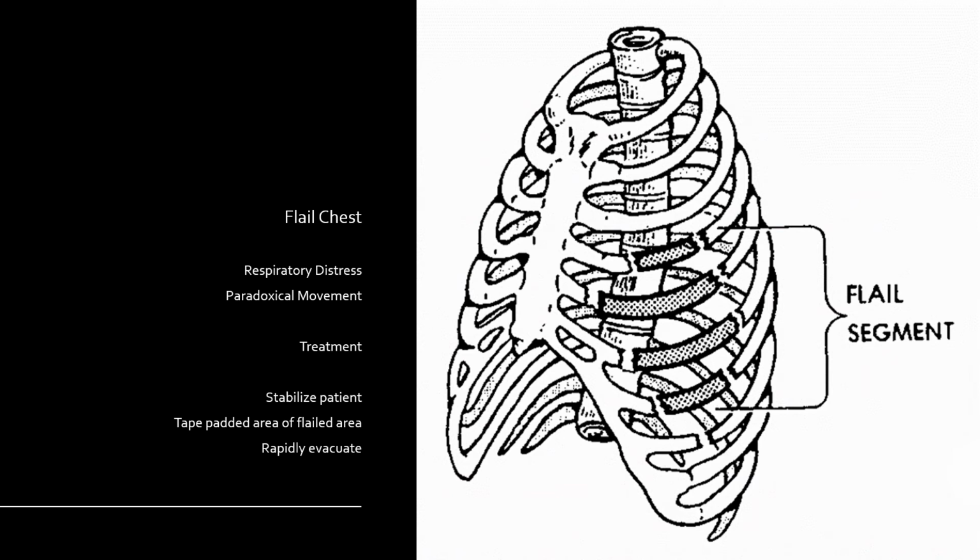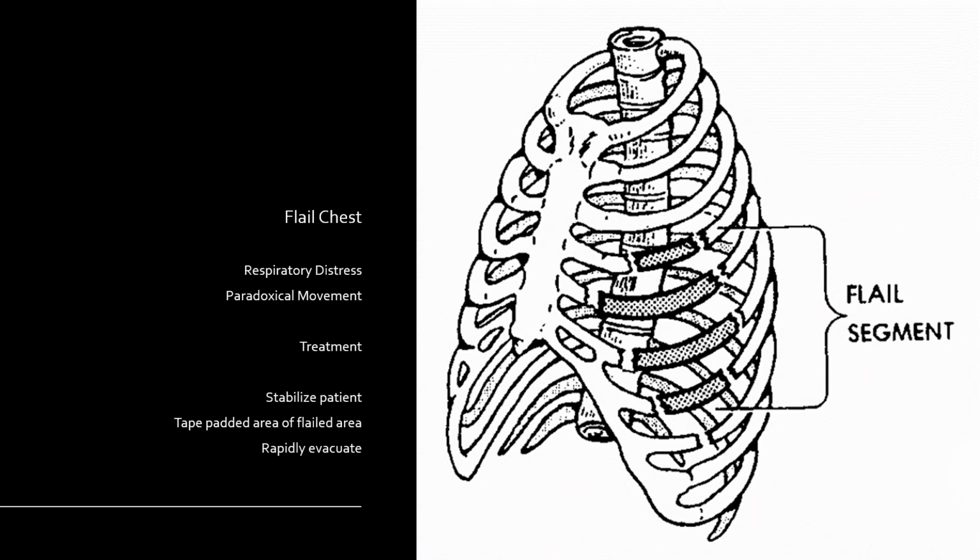You then want to tape to keep that segment in the anatomically correct position and not have any of that paradoxical movement. You're going to do some slight pressure, and then you're going to be taping this padded area firmly over that flailed segment. We don't want to encircle the chest in this treatment because we don't want to constrict any movement. This is basically all we can do.